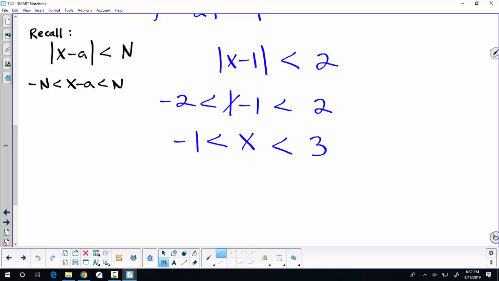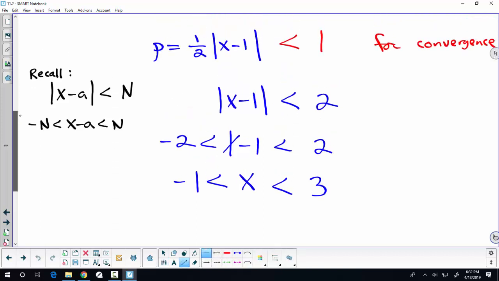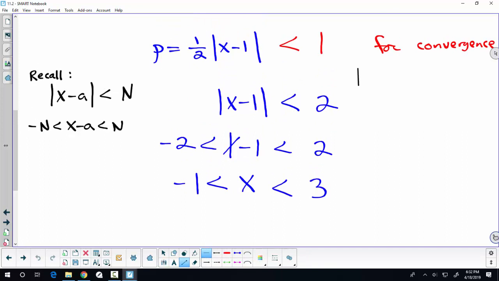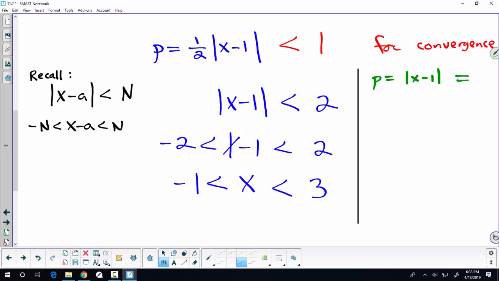Let me illustrate this. We said that our ratio was equivalent to the absolute value of x minus 1 times a half. And let's just say for a moment that it was identical to 1, not less than 1.